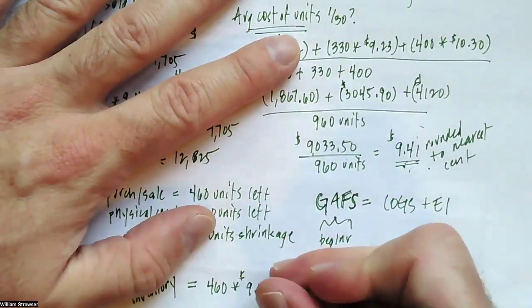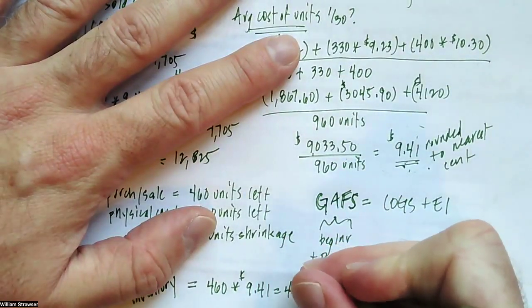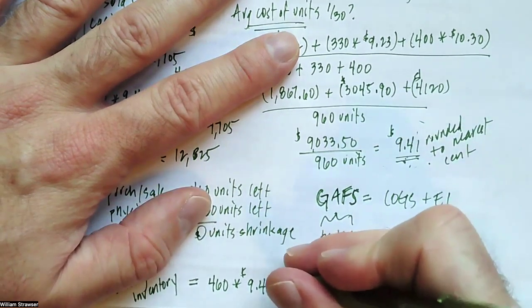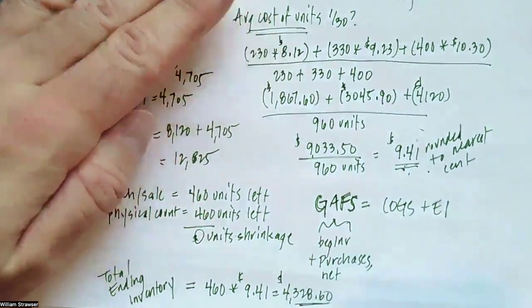And we have $4,328.60. This is my ending inventory.